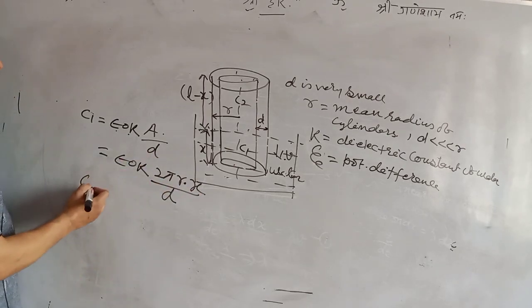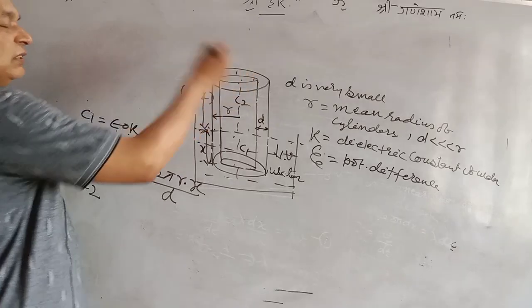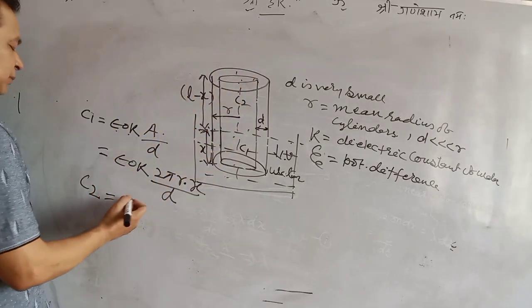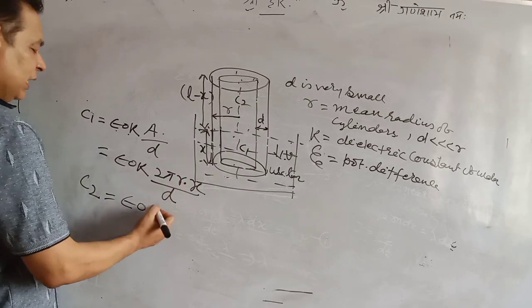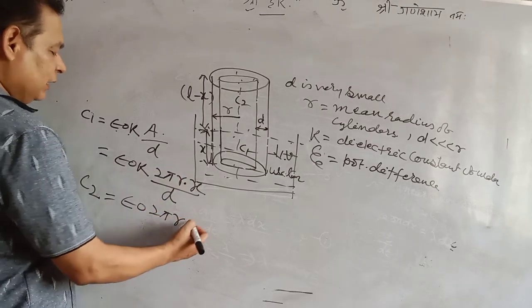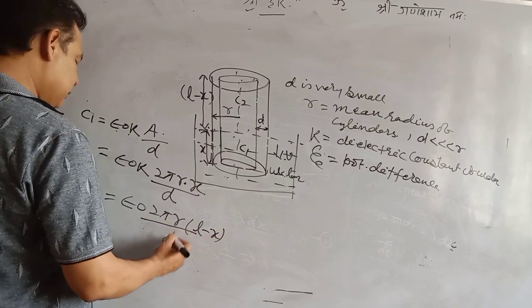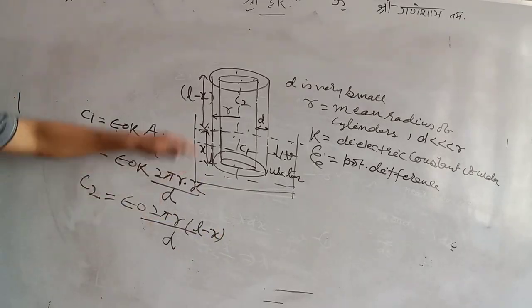In the same way, the capacitance above the water, that is in air, is C2 equals epsilon naught into area 2 pi R (L minus x) divided by d.